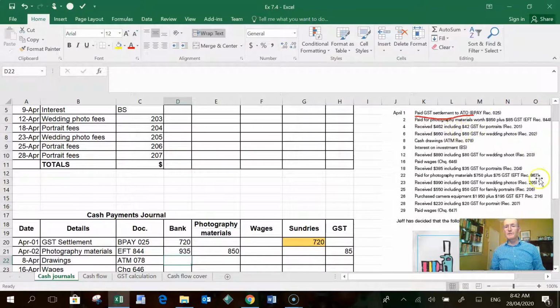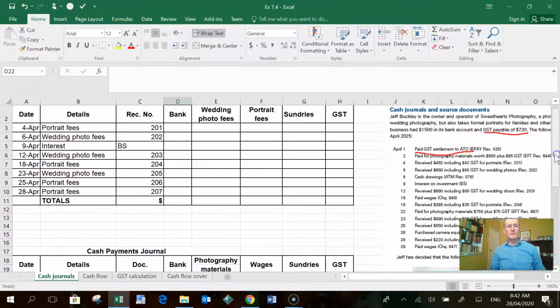Received $4.62 including GST for portraits. Divide by 11, or just grab it straight off the question. Go to portrait fees and add a 0. So that's that one.